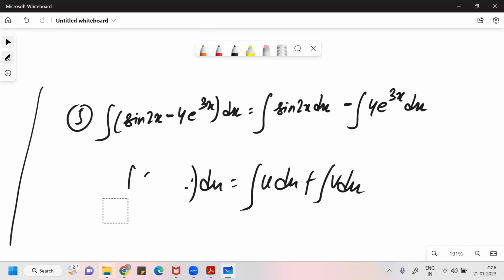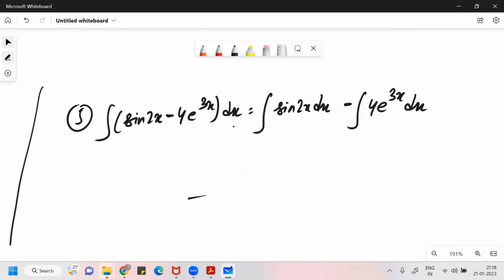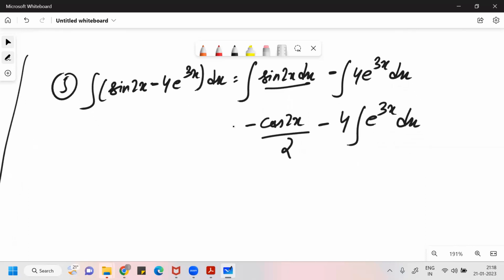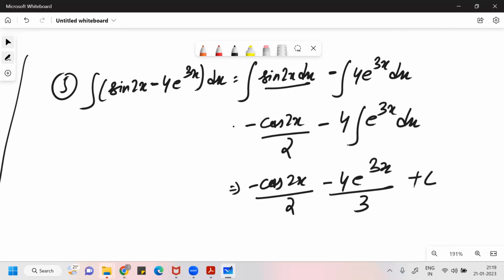So here the integration of sine 2x would be minus cos 2x by 2. You can bring 4 outside for 4 e to the power 3x dx. So this would be minus cos 2x by 2 minus 4 e to the power 3x by 3 plus c.